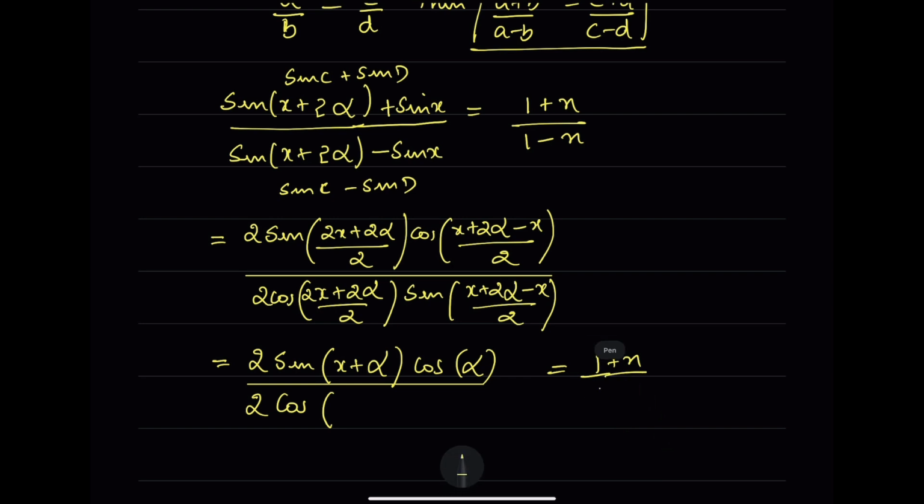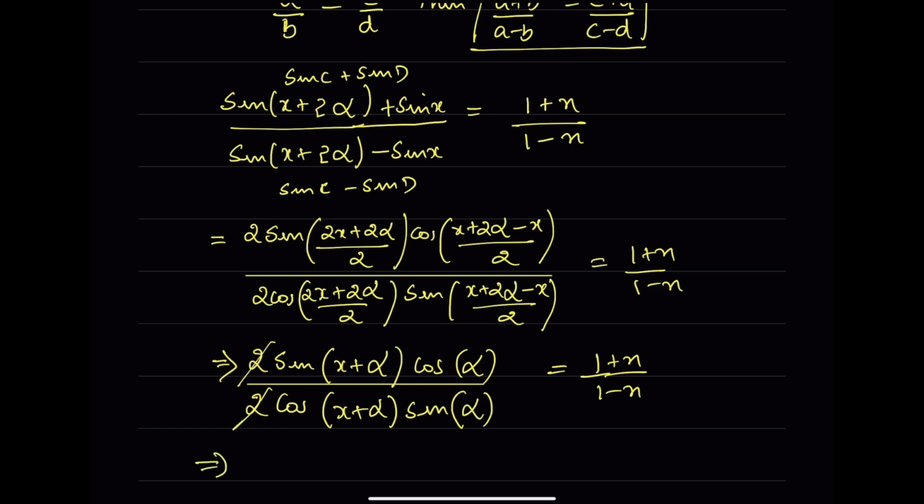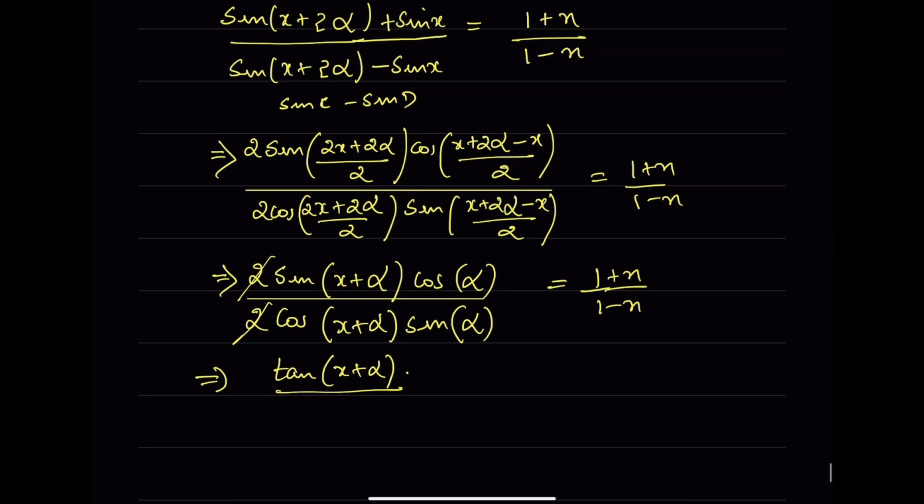We should not forget that, so in every step this is 1 plus n by 1 minus n, and the denominator would be cos of x plus alpha and sin alpha. So we can cancel the 2. So this would change to tan of x plus alpha times cos alpha by sin alpha, which is cot alpha.